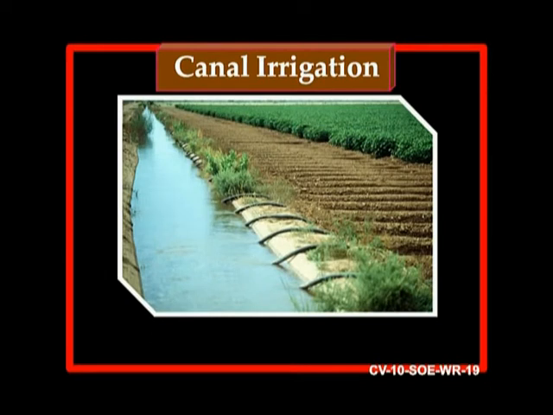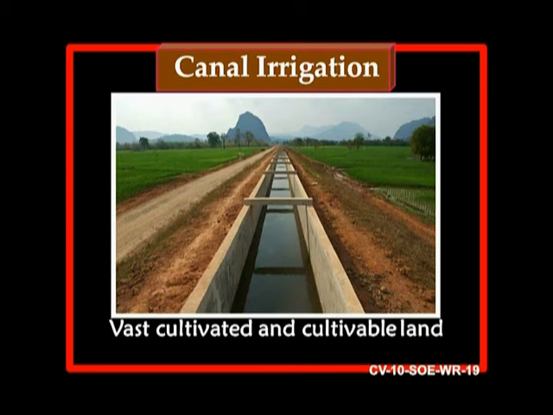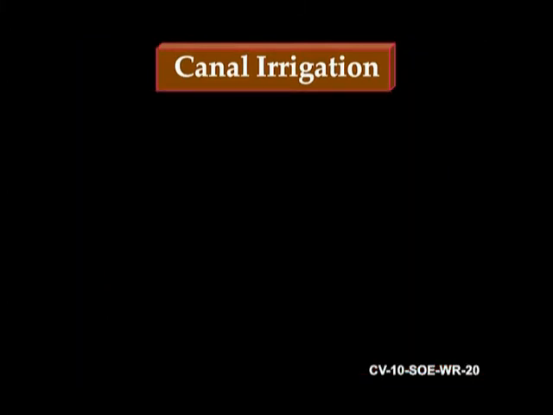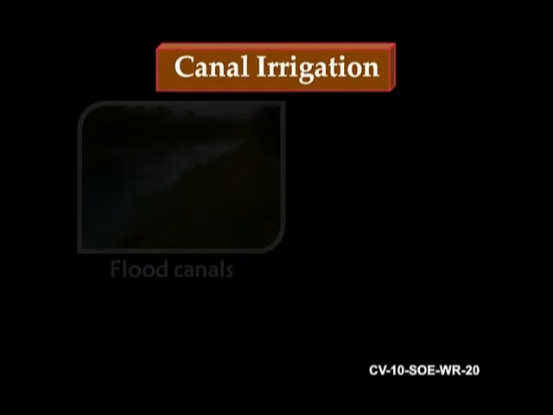Another important type of irrigation is canal irrigation. Vast cultivated and cultivable land can be irrigated by this method. This is the second most important irrigation type after well irrigation. There are two types of canal irrigation. 1.